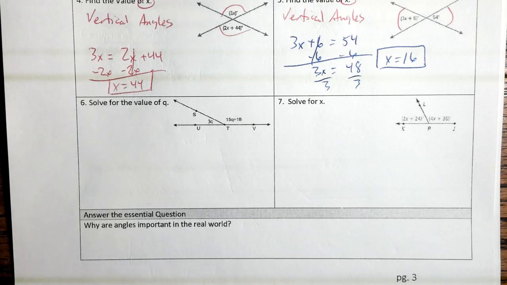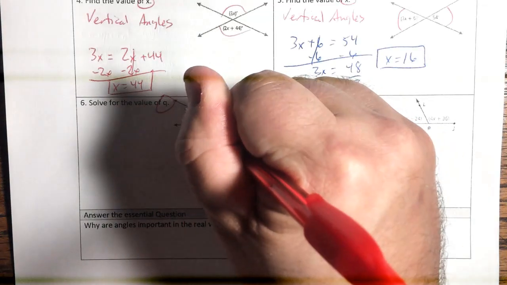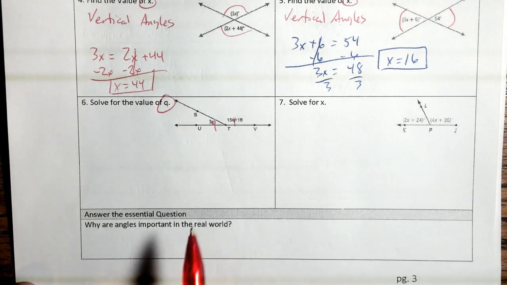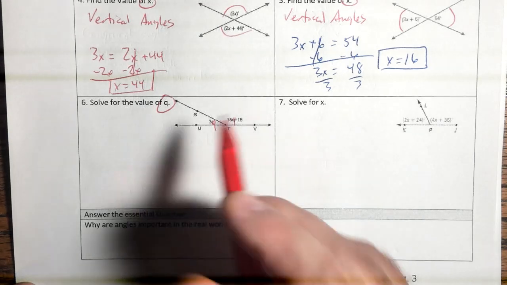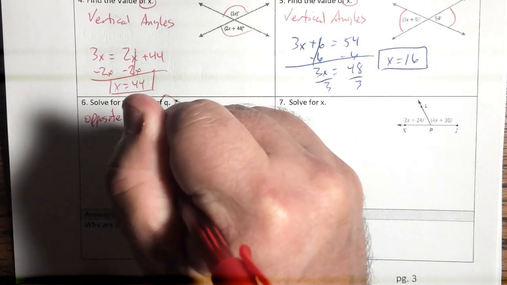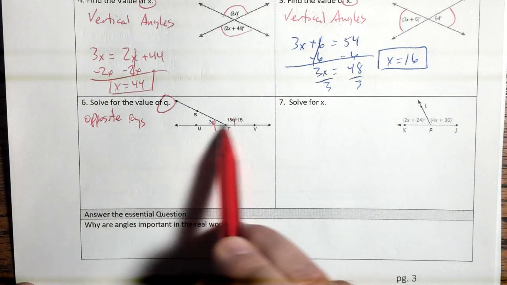So number 6, solve for the value of Q. This is 3Q, and this is 15Q plus 18. Alright, so notice here we have opposite rays. This is a straight line.